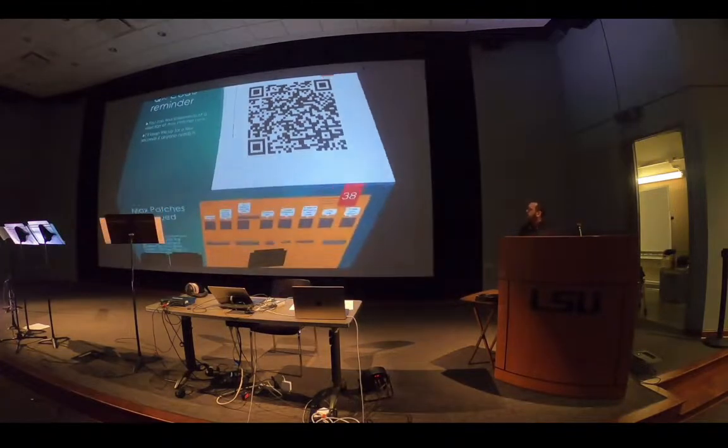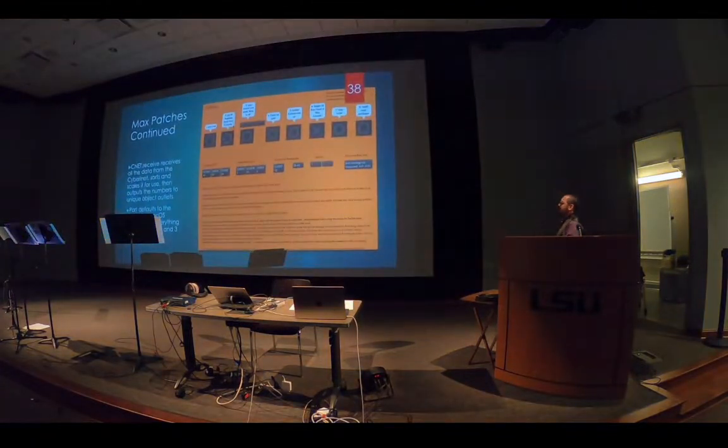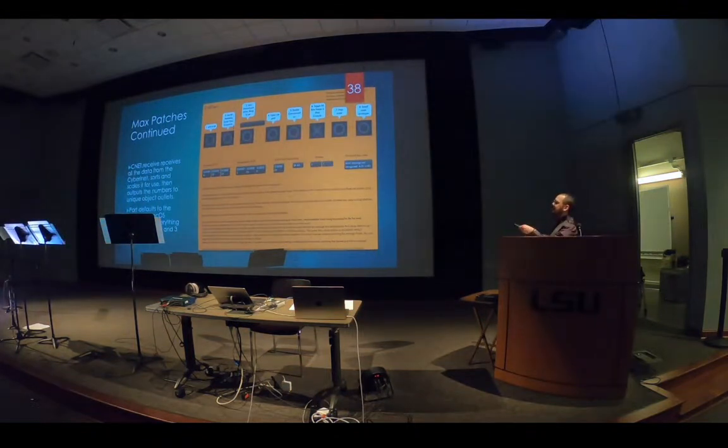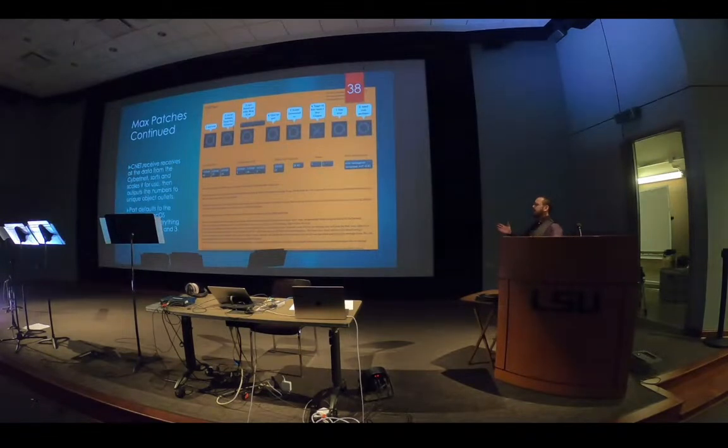So, Max patches. All of them have the Cyberinet objects fixed, so that when it's all loaded up, you can just type in objects. Very common thing. There's one patch that sorts it out.